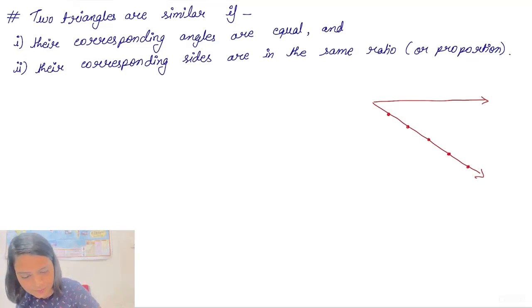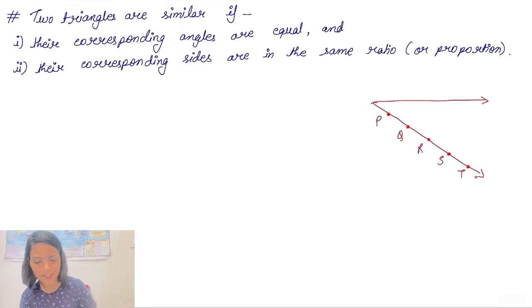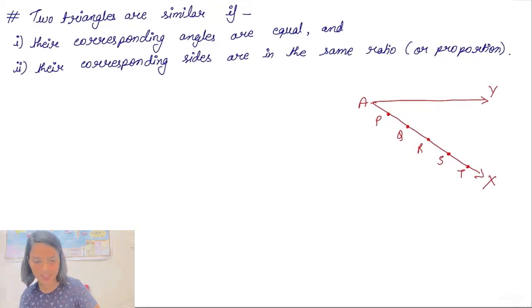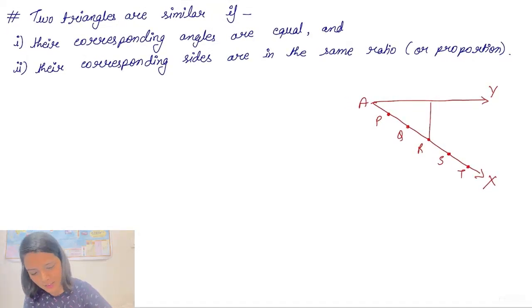Let's name them P, Q, R, S, T. So this is our A, this is our Y, this is our X. Let's draw a line from R on AY and name it B. Now let's draw a line from T on AY and name it C.